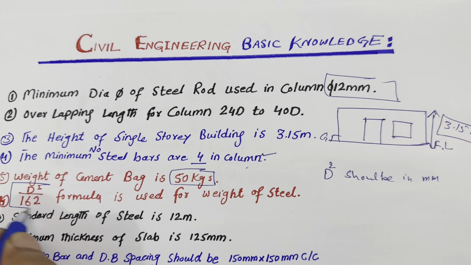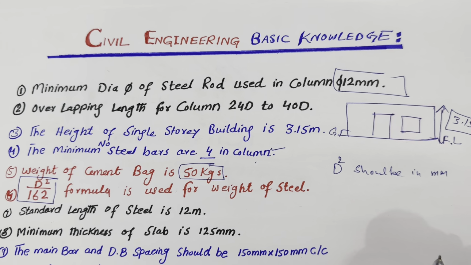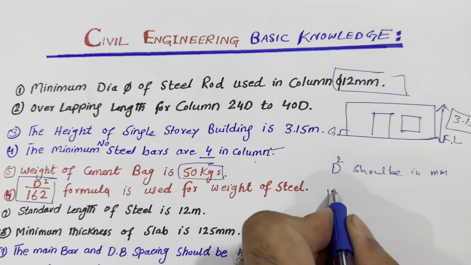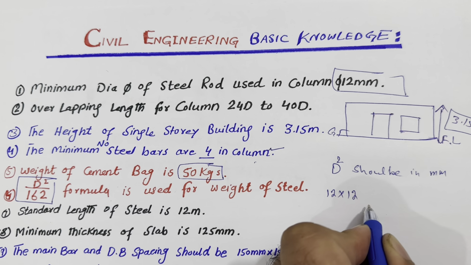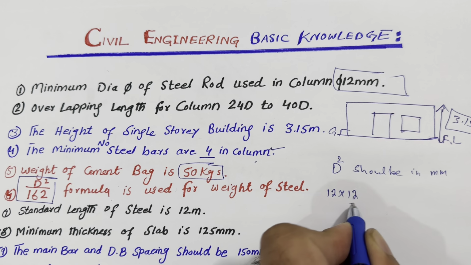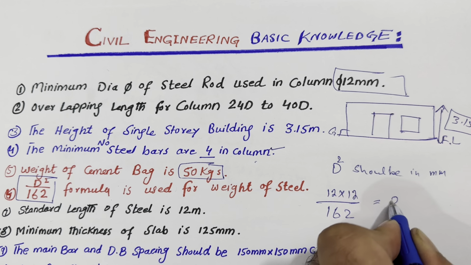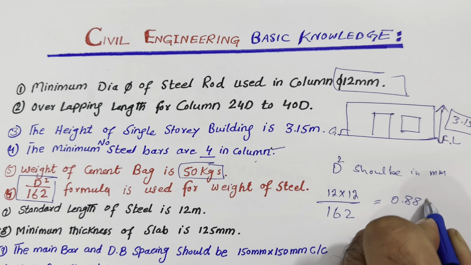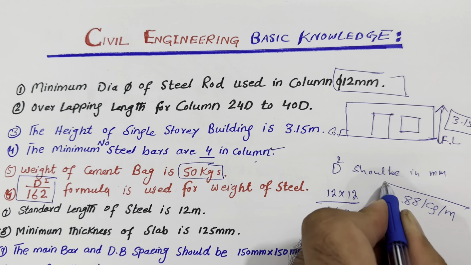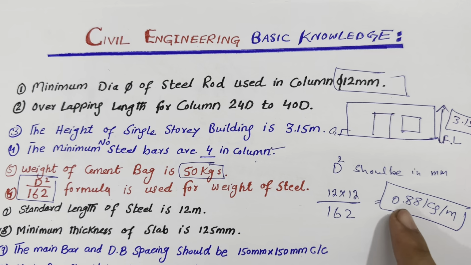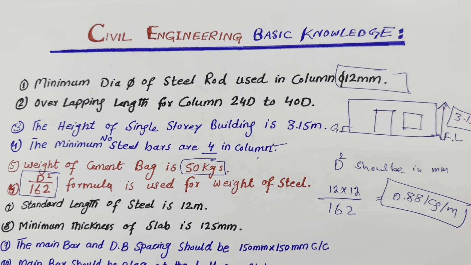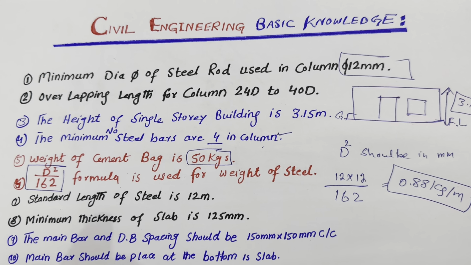This is specifically for 1 meter, in kg per meter. So D squared, multiply 12 by 12, as I discussed before, D in millimeter, divided by 162. When you do the calculation, you will get the value 0.88 kg per meter. For 1 meter we require a weight of 0.88 kg. So if you have any length, you can calculate this.